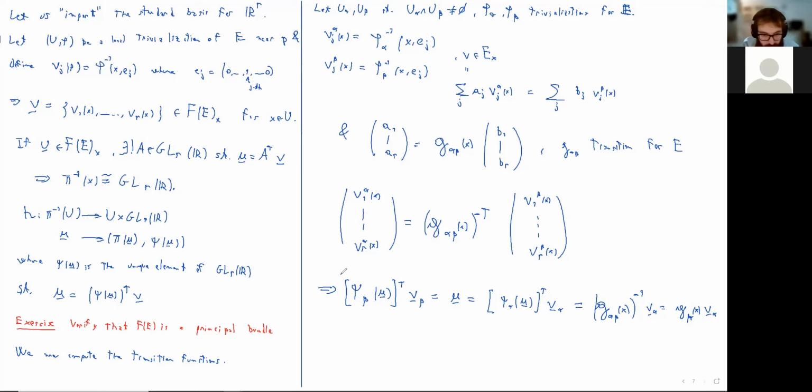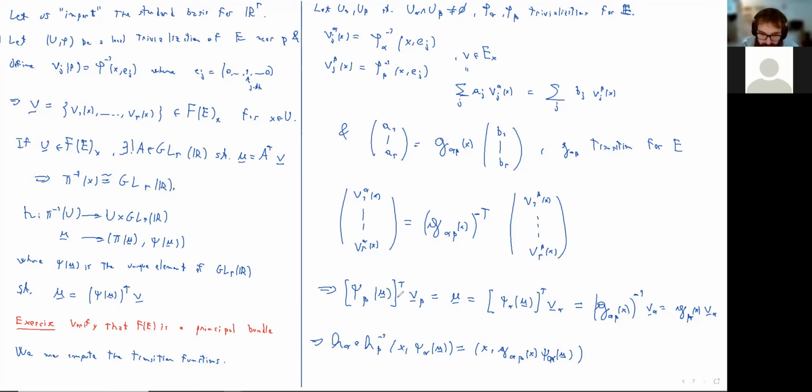So what this means is that when we use this H here, we do H alpha composed with H beta inverse of X comma psi alpha of U, and what you get is X comma G alpha beta of X times psi alpha of U. Sorry, not phi beta, but phi alpha.